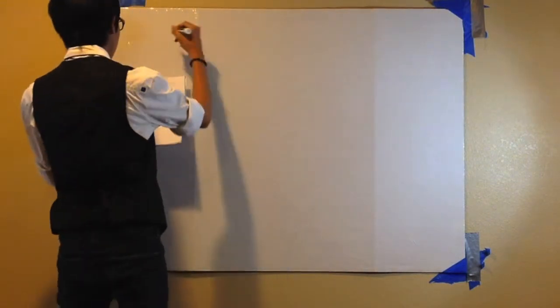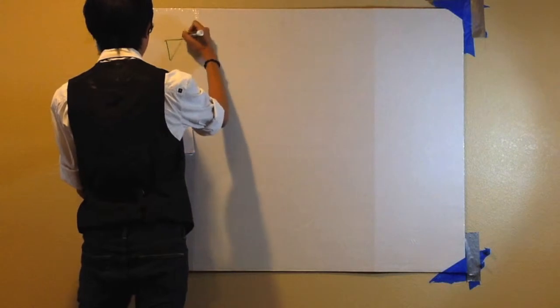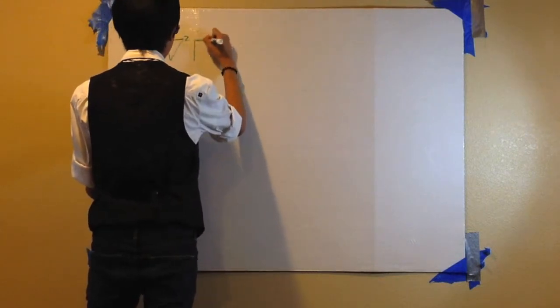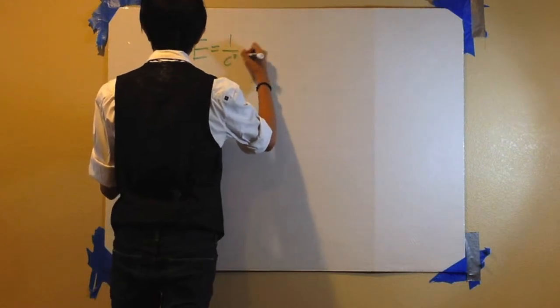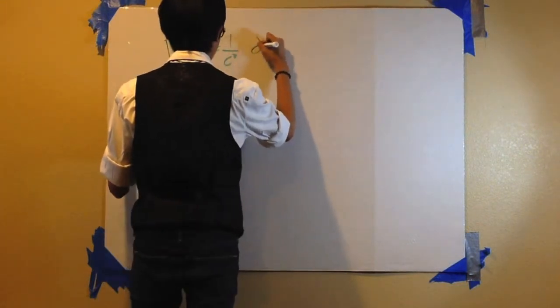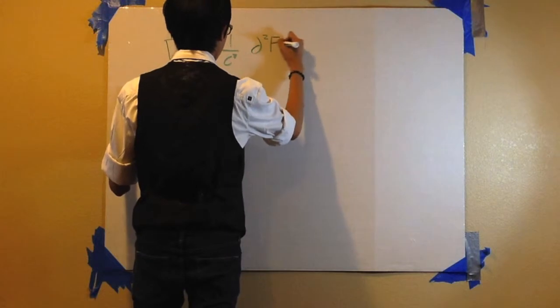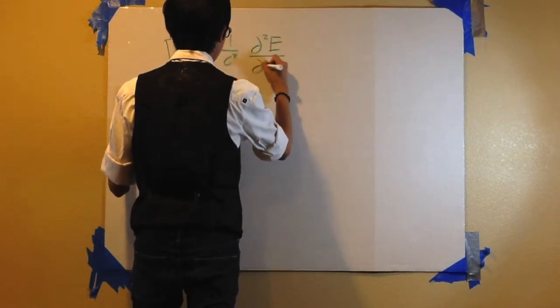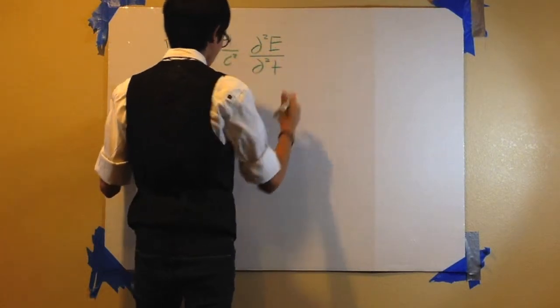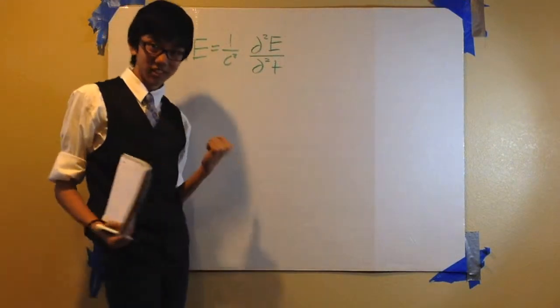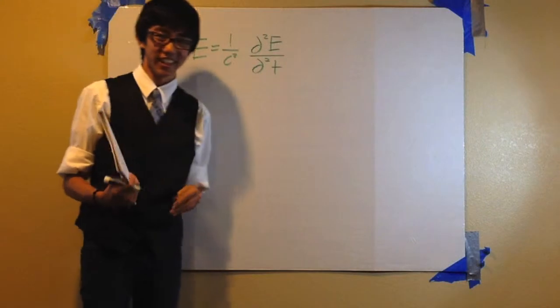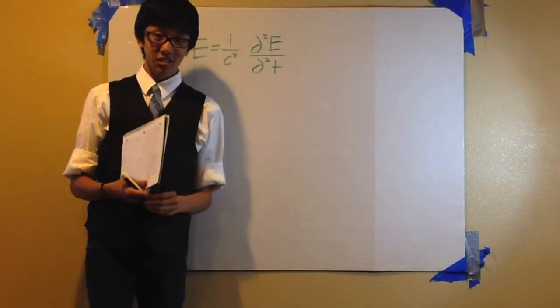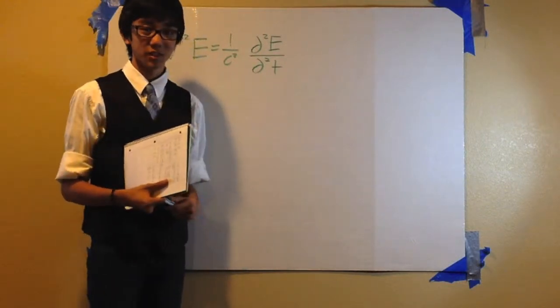So, the movement of a wave can be described by this equation. Looks simple? Not really. I'll do my best to explain this.